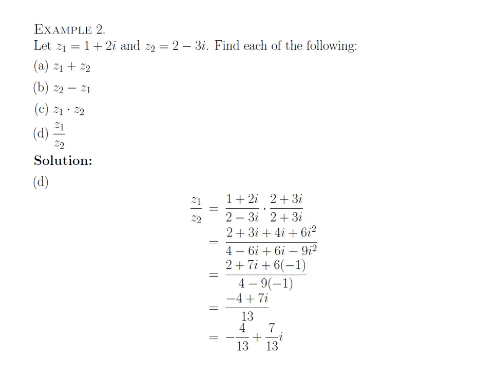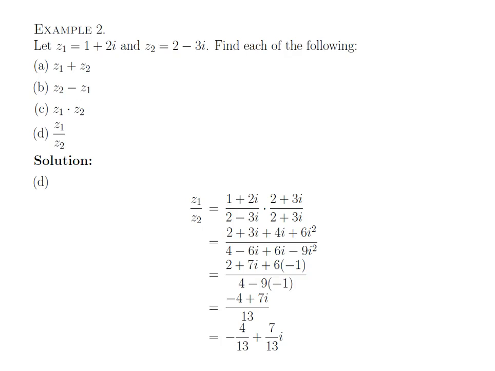The way we do that is multiplying that quotient, 1 plus 2i over 2 minus 3i, by 1 in a special form. The special form is the complex conjugate of the denominator over itself.